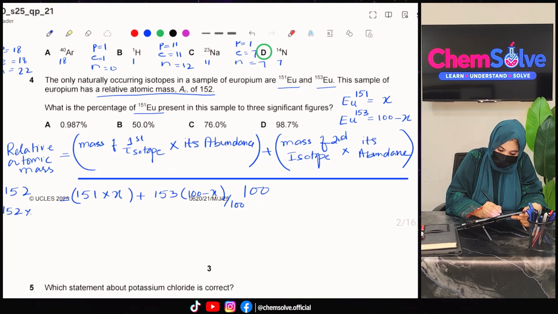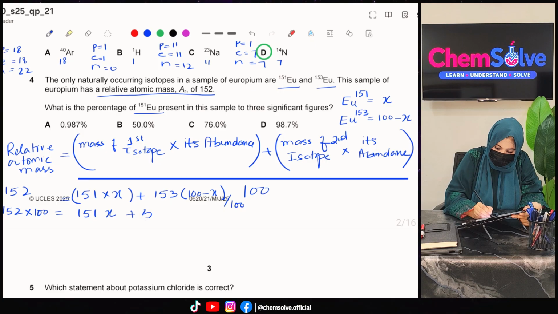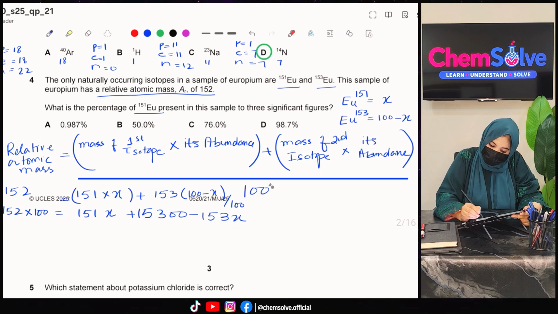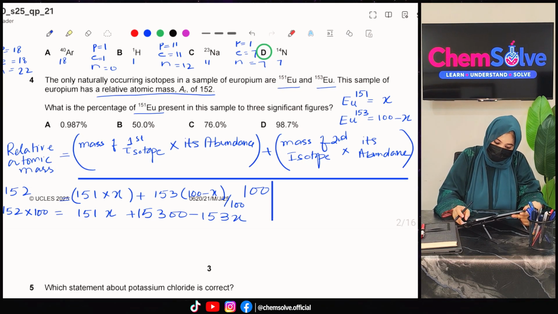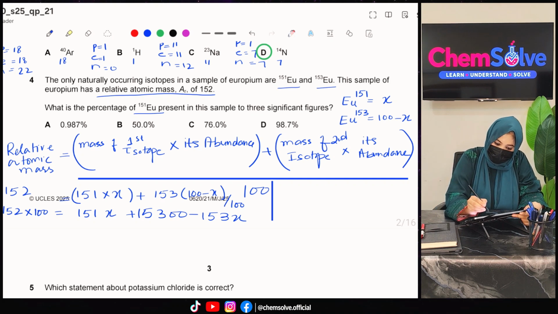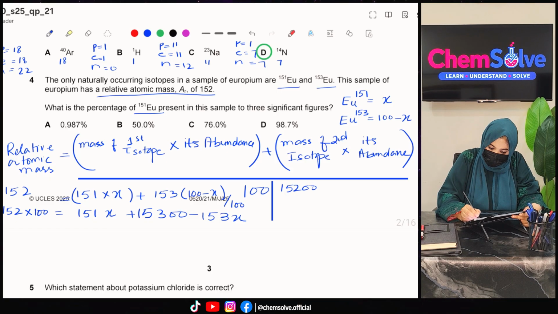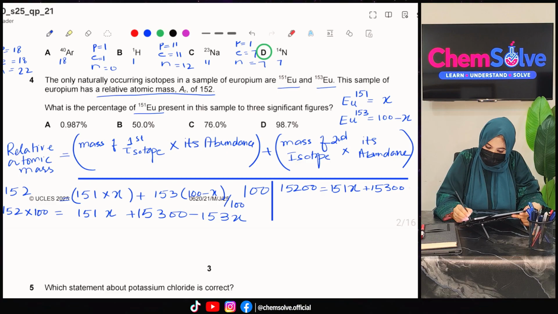So 152 multiplied by 100 is equal to 151x plus 153 minus 153x. Okay, now let's solve it further. By multiplying them, it will give 152 is equal to 151x plus 153 minus 153x.